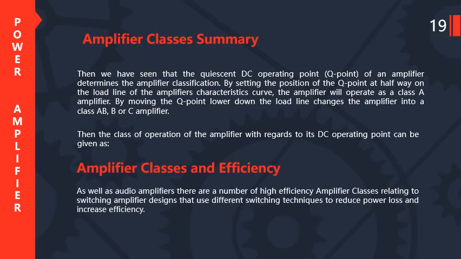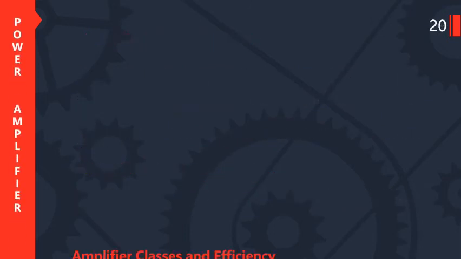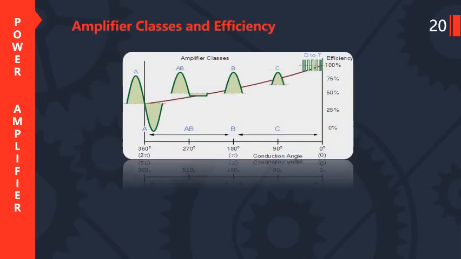So as well as audio amplifiers, there are a number of high efficiency amplifier classes relating to switching amplifier design that use different switching techniques to reduce power losses and increase the efficiency. So this is the diagram for amplifier classes and their efficiencies.